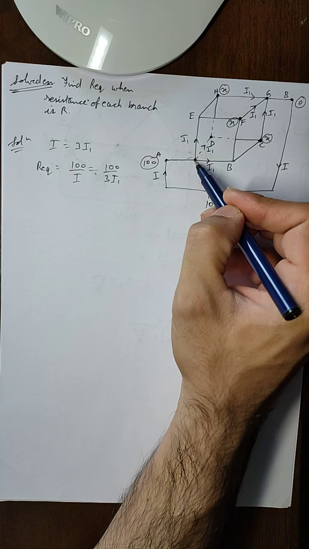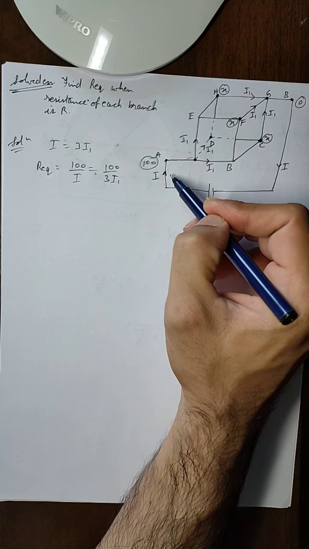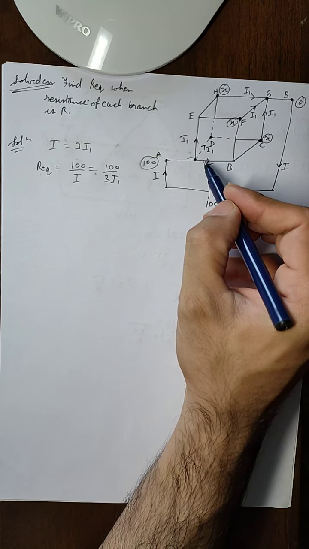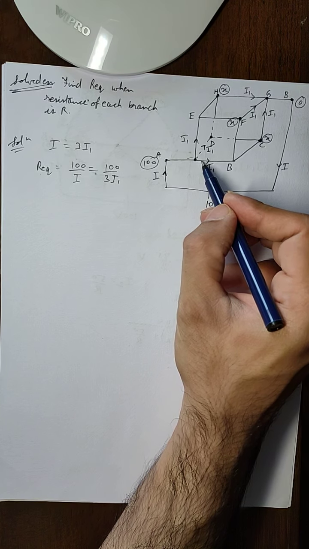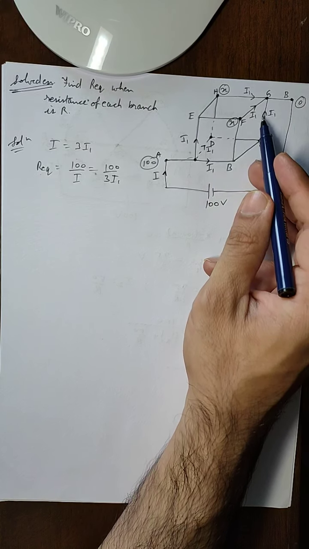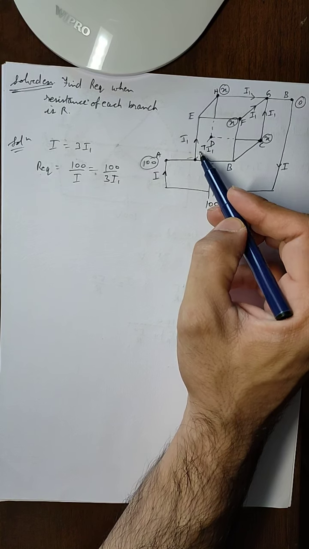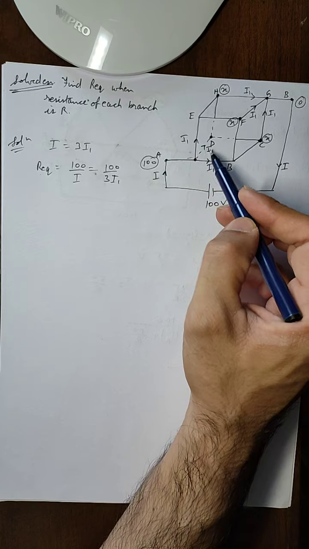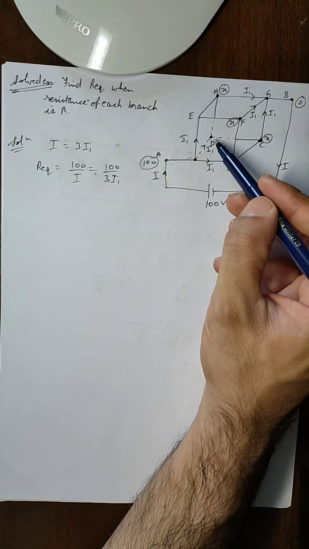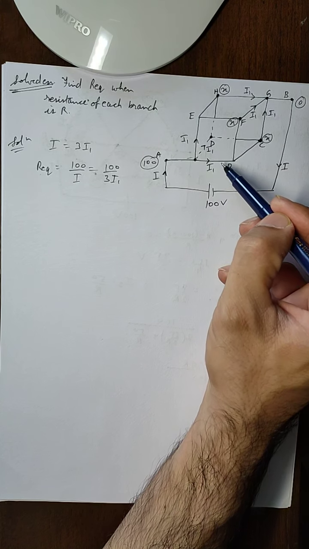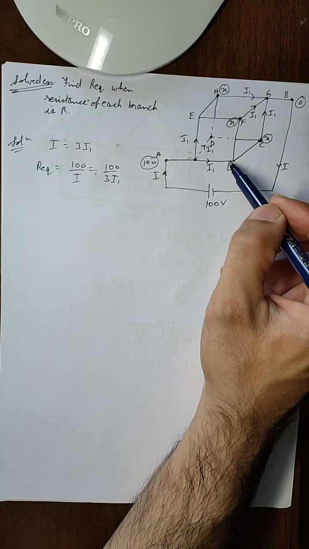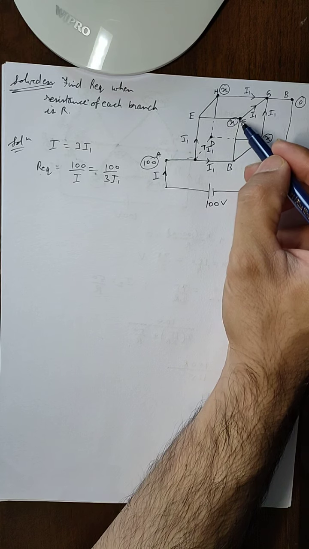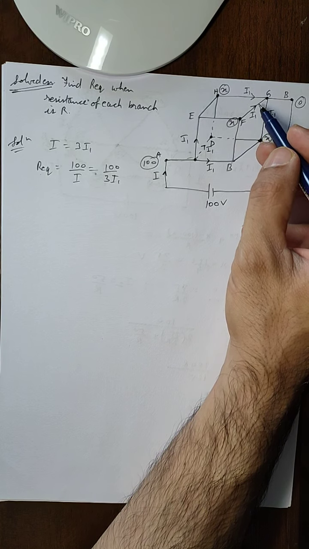Now on this side, on which the current is entering, the same condition holds. The value of current flowing in each branch is I1, the same as these currents, and the value of resistance is also R, same as this. That means the potential difference across these resistances should be the same.